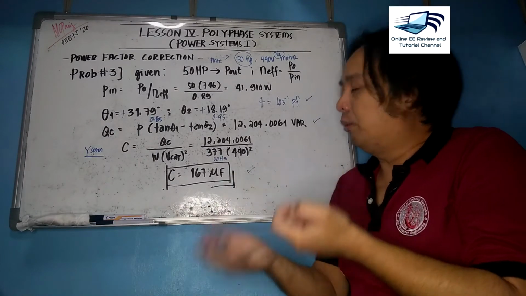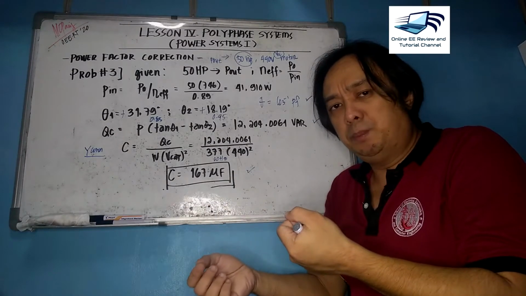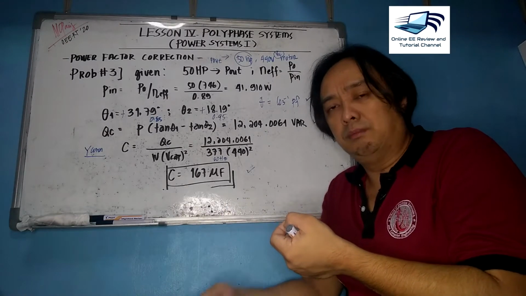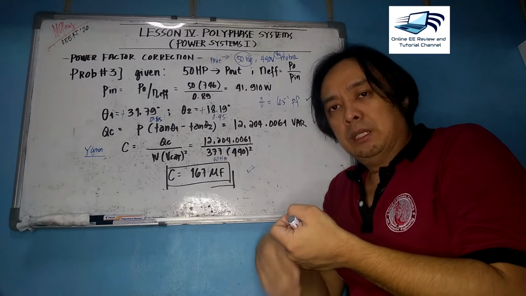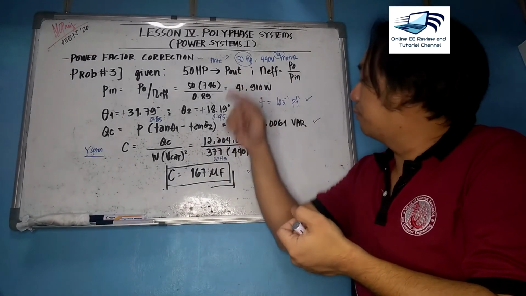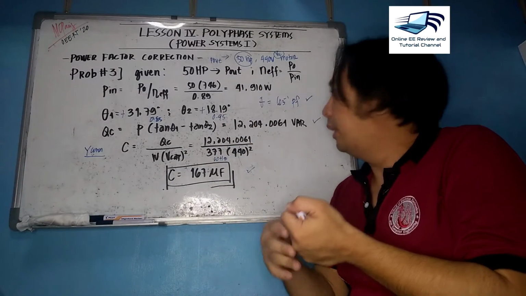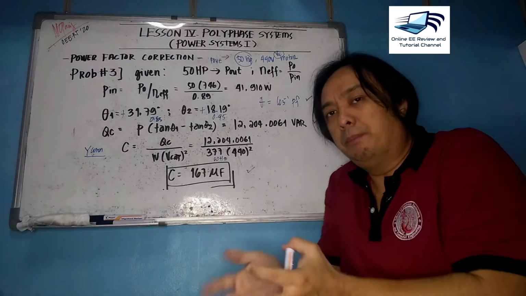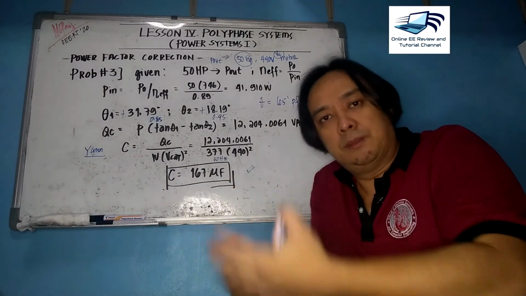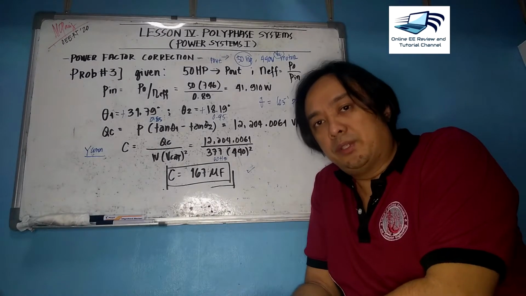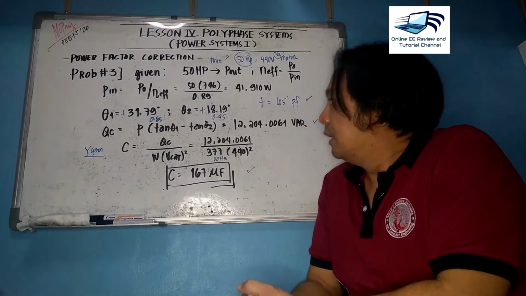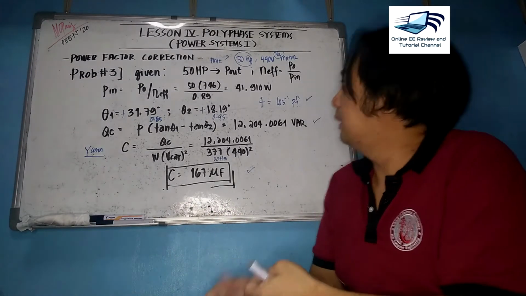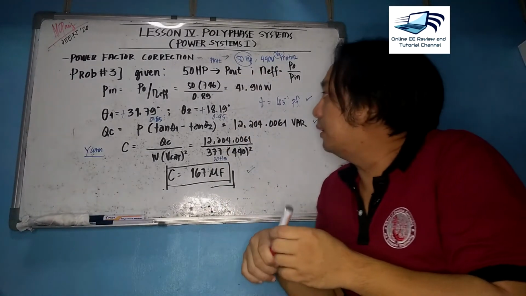If you encounter these problems like a 50 HP or 100 HP, 440 volt or 220 volt 3-phase source, those values by default are output power and line-to-line voltage. So please do remember that, because you will encounter those words or phrases on the next few problems. So you have a default that is output and line-to-line voltage.